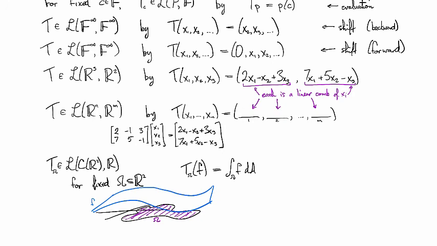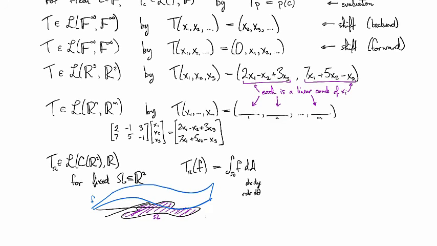That dA there could be dx dy, or it could be r dr d theta, or whatever your favorite area element is. That will also give you a linear map. And this actually turns out to be a very interesting way of doing geometry. You think about sets, so omega here, you think of it as a linear map from continuous functions on a space into numbers. It turns out you can get a lot of mileage out of that perspective.